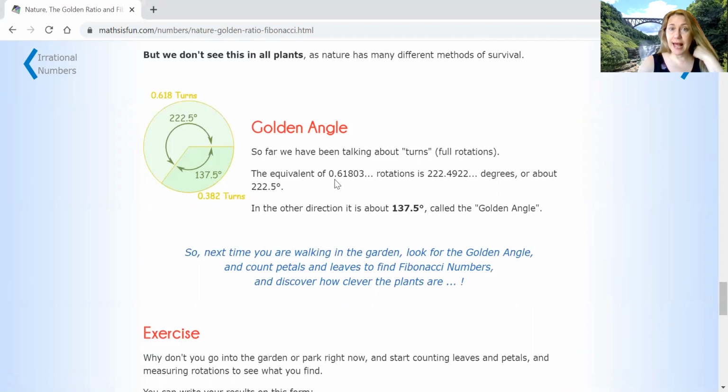And if we multiply 0.61803 times 360, we get this larger angle, right? But then the remaining part of that, the 137.5, is what's considered the golden angle. And so plants, as they turn their leaves, the leaves turn and form out, they typically do that according to this golden angle.